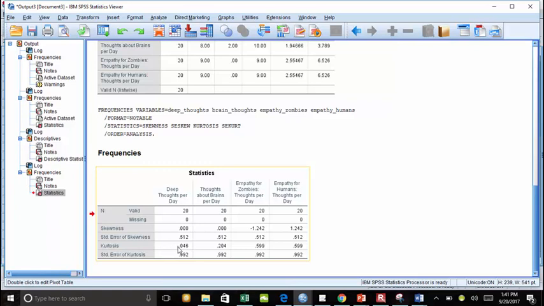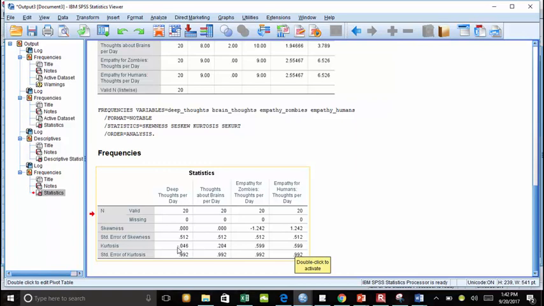Kurtosis here is how peaked or how flat your distribution is. The closer to 0, again, the closer it is to a normal curve. And if you have positive numbers for kurtosis, and in fact these are positive, that means we're talking about a distribution that is more peaked, or leptokurtic, than a typical normal curve.